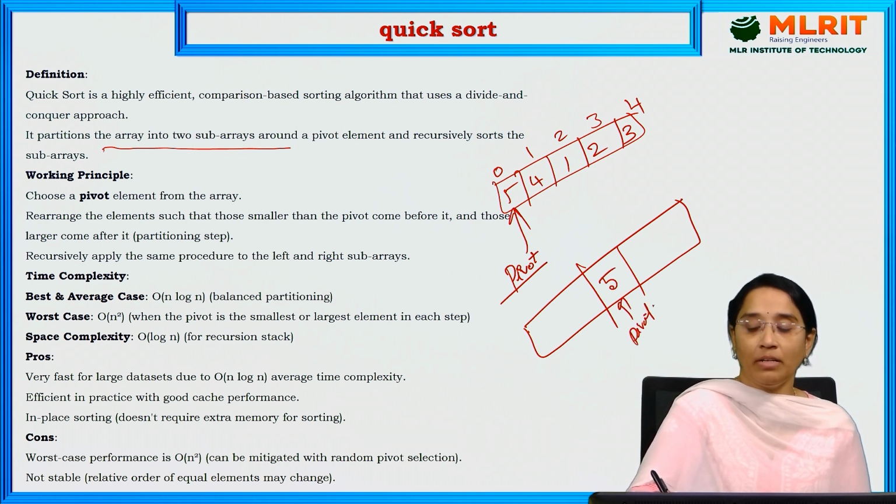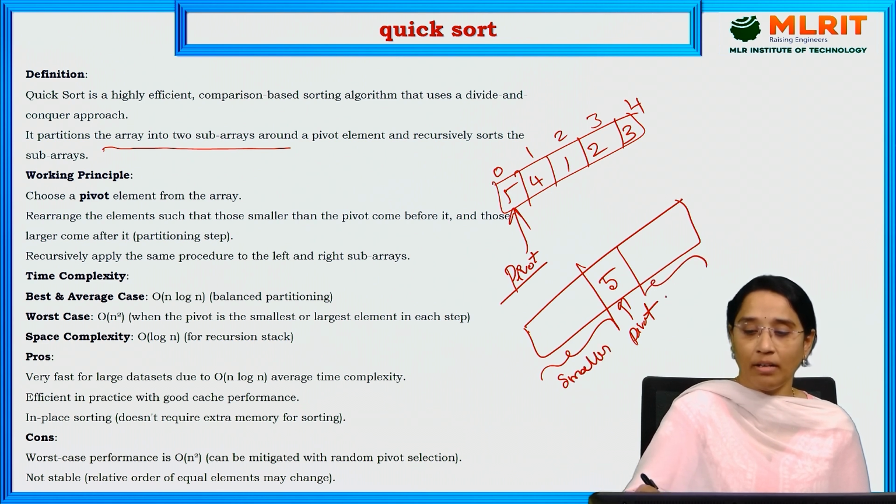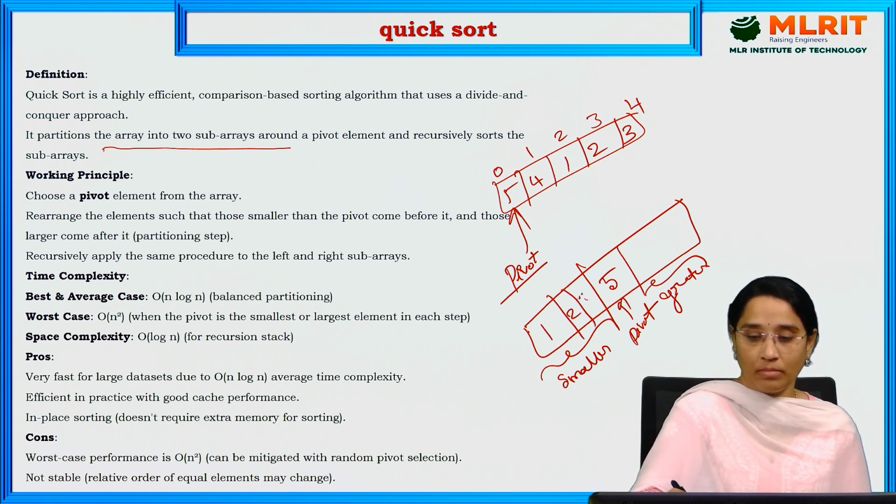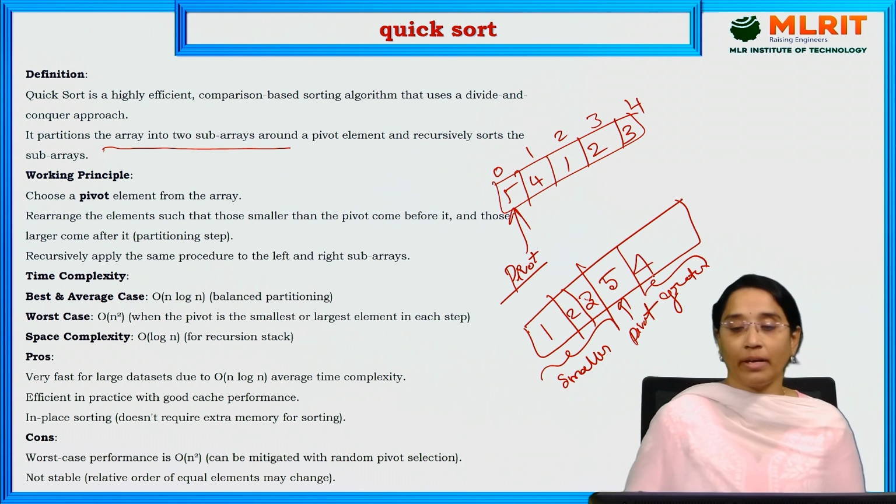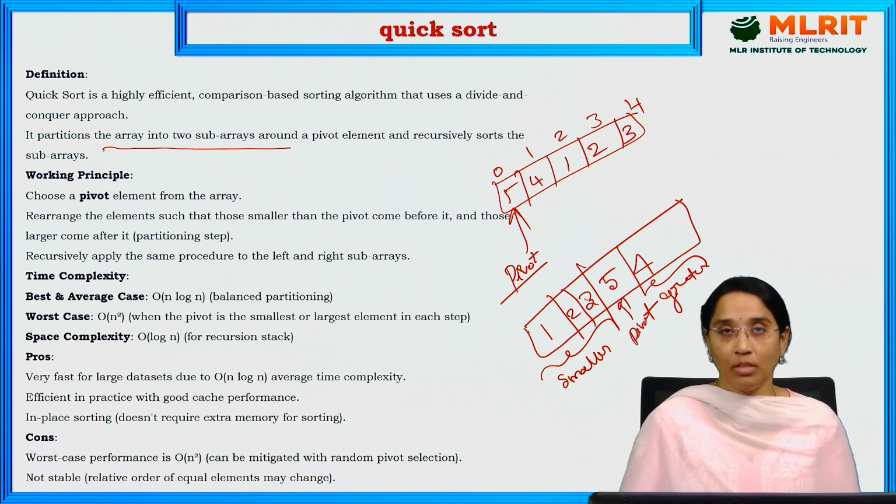The elements that are left of the pivot are smaller than the pivot, and the elements that are right of the pivot are the greater elements. So first thing is you have to place your pivot element.